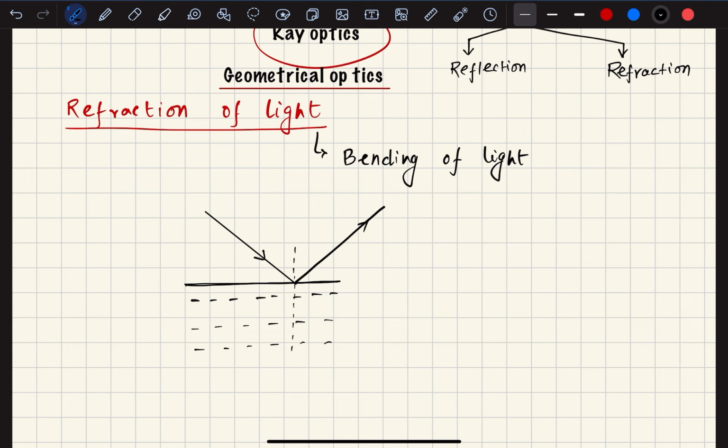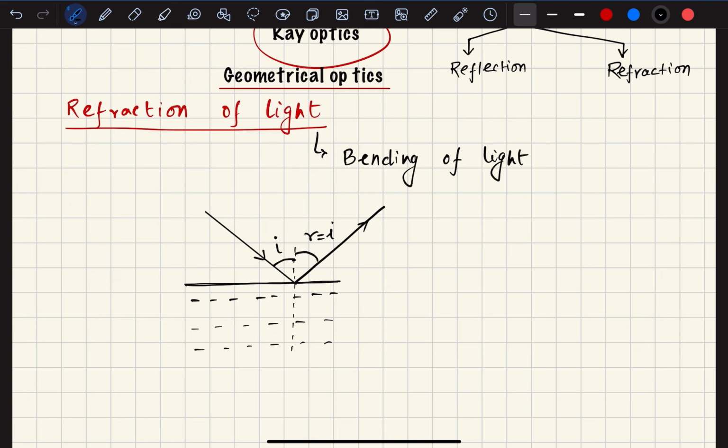That is, the reflected angle is equal to the angle of incidence.